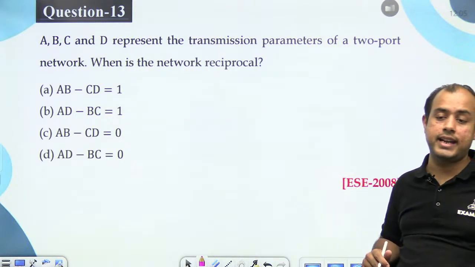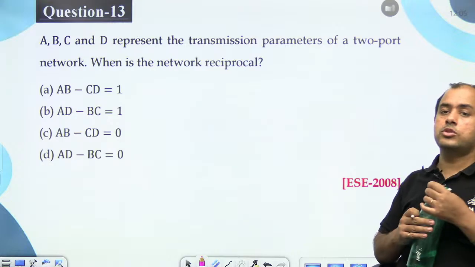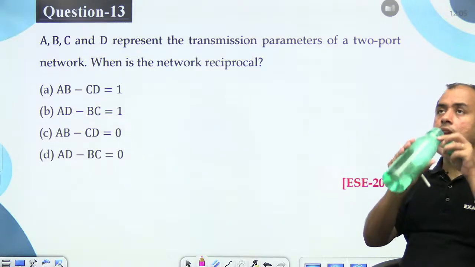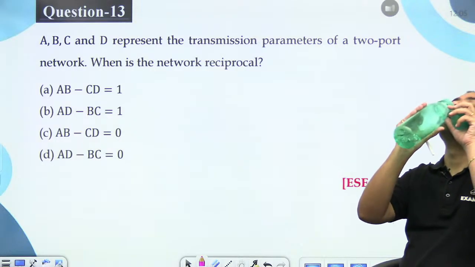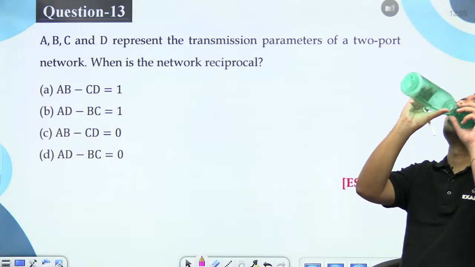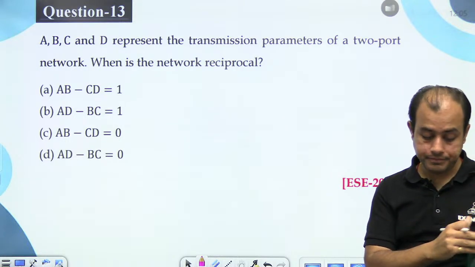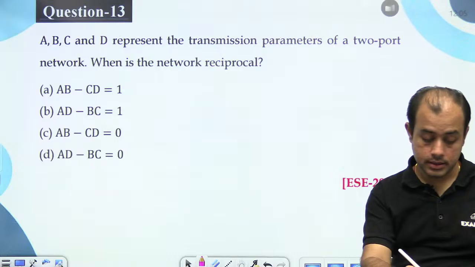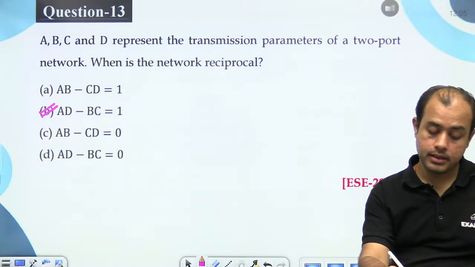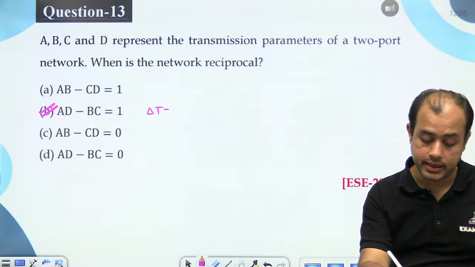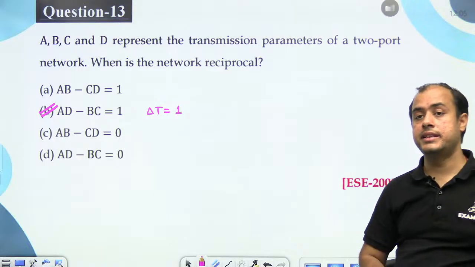ESE 2008 question. Answer is B, the determinant of the T matrix is 1, AD minus BC is 1.